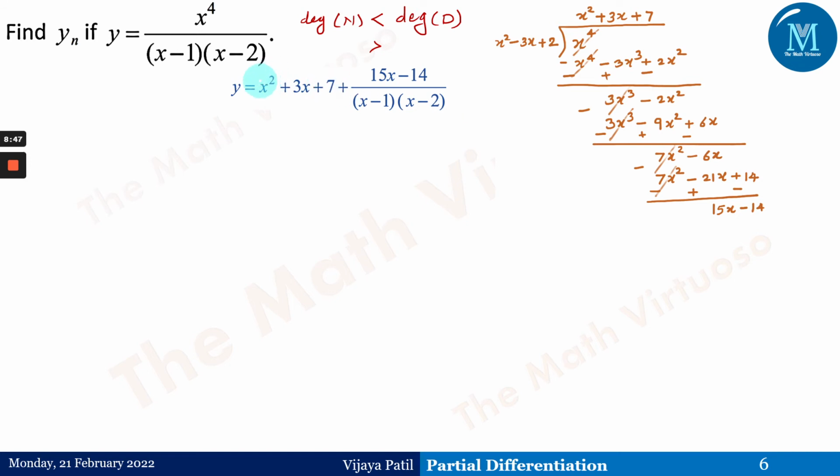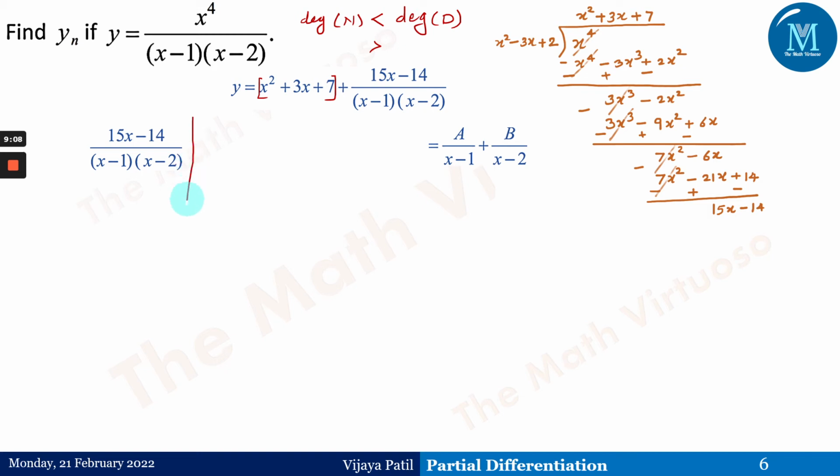Rewriting this as the quotient plus the remainder upon the divisor, x square minus 3x plus 2, we are again getting back to x minus 1 into x minus 2, and then we go ahead with 15x minus 14 upon x minus 1 into x minus 2 using the hiding method.